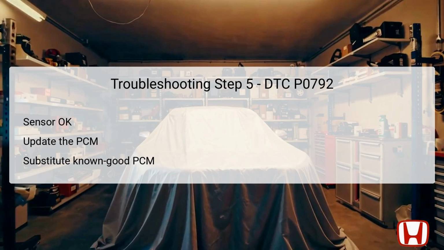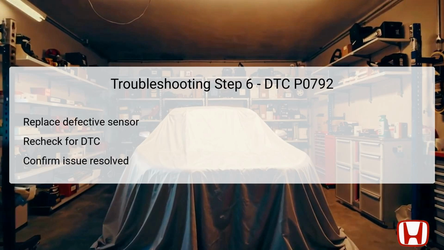If the issue persists, substituting the original PCM with a known good unit is the next logical step. By making this substitution, technicians can determine if the original PCM is defective, necessitating its replacement and concluding the diagnostic process.